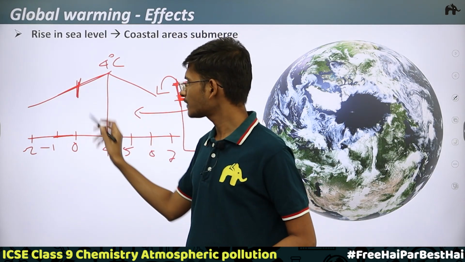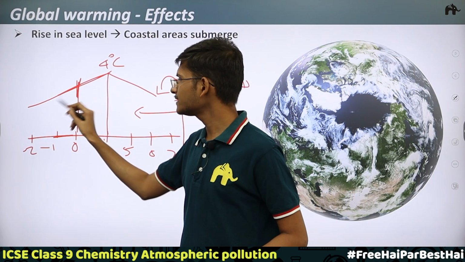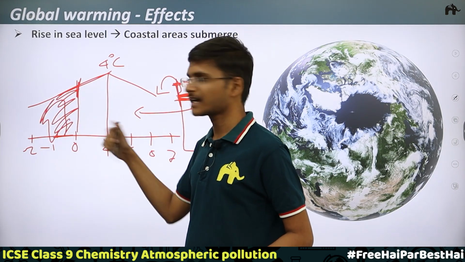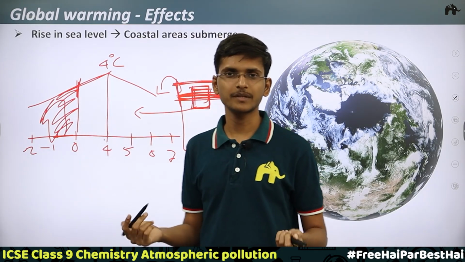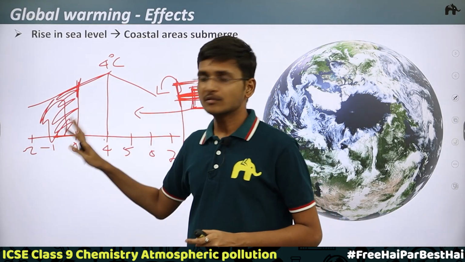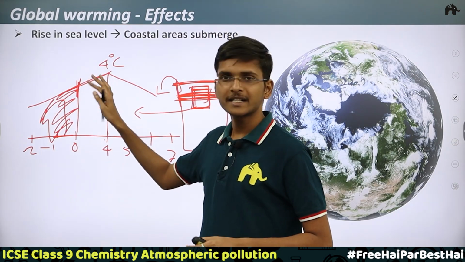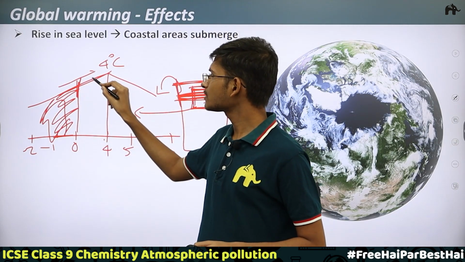So we all know after 0, the water would be in the form of ice. And this ice which is present at the North Pole is also at or below 0 degrees Celsius, correct? So for the ice which gets melted, what would happen? The temperature would increase.